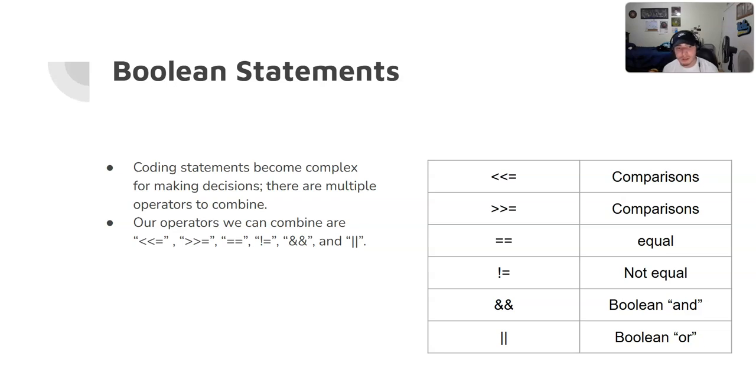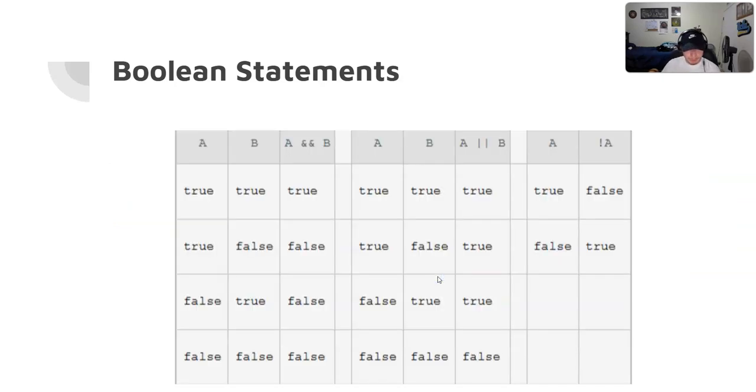As the chart shows on the right, one way we're able to combine is through comparisons. Less than or equal to is also one that can be passed as a true or false statement, along with equal and not equal. The Boolean operators and and or are used differently. They have certain ways that they are shown, as I'll show you on the next slide.